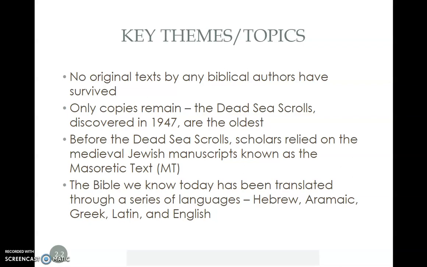Then those books that were written in Hebrew and Aramaic were translated eventually into Greek. Then they were translated into Latin, and then ultimately translated into English, which is the language that most of you probably are familiar with. So the Bible was not written originally in English. It was not written originally in the King James version of English from the 17th century.